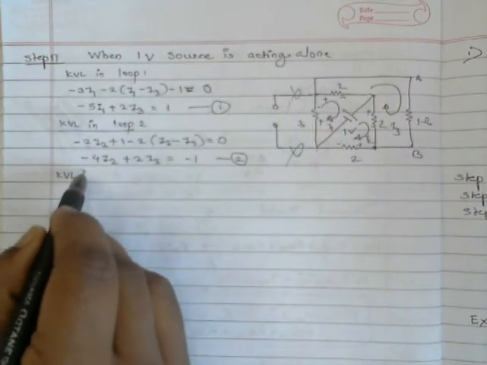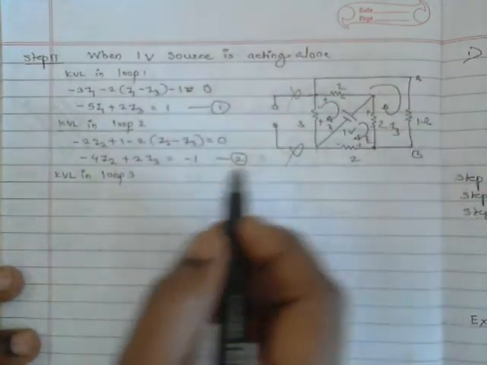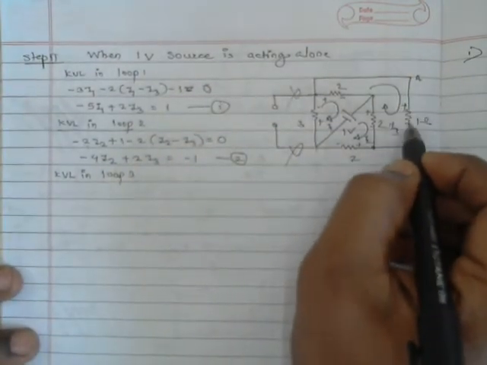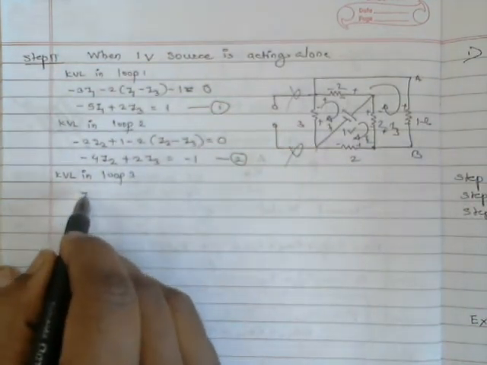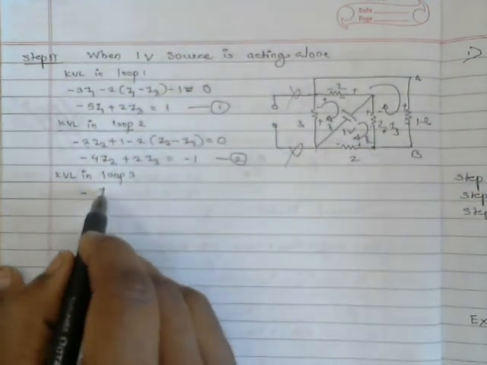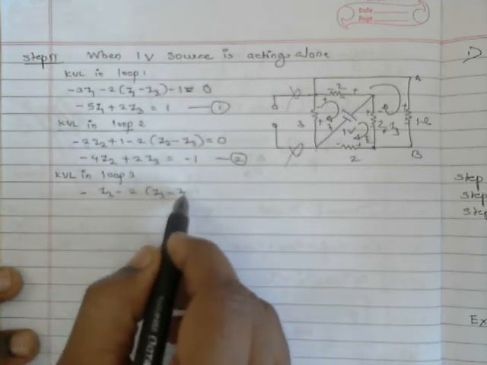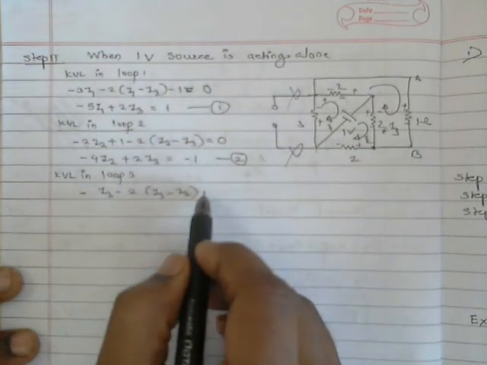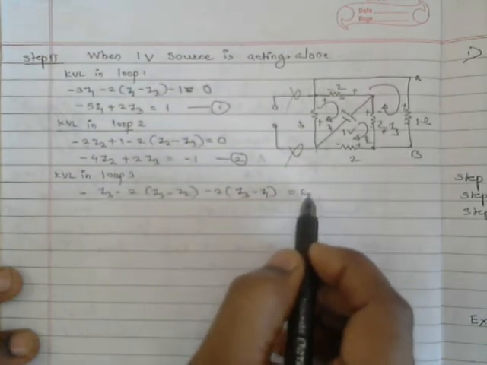Third equation in this loop. So KVL in loop 3. When we apply plus, minus polarity, I will start from here: minus I3 minus 2 I3 minus I2, minus 2 I3 minus I1 equal to 0.